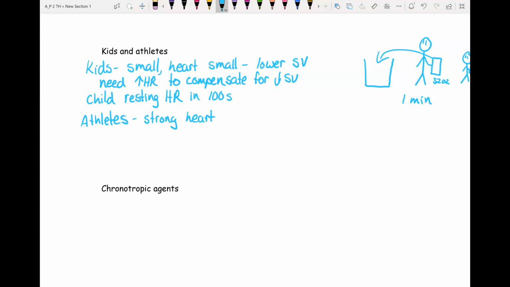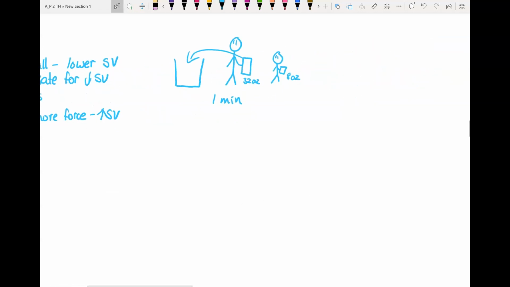The force is increased. Athletes have more force every time their heart beats. So because their heart is strong, it has more force. And because they have more force, they have a higher stroke volume. So if we threw an athlete in here with the bucket, someone who regularly trains and runs marathons, we're going to give the athlete a great big 52-ounce mug. You know, Casey's has those giant 52-ounce mugs. That's what we're giving the athlete. So he has an even easier time filling up that bucket than the adult or the child.